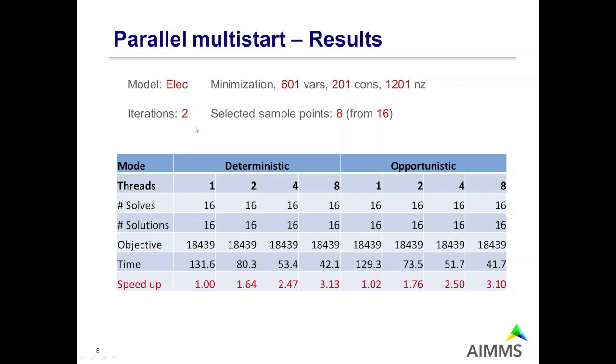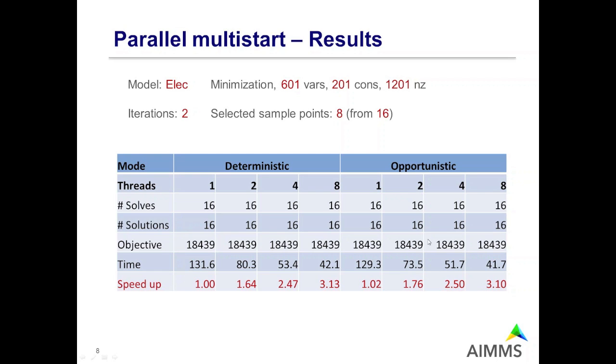So you see that in this case we have 2 iterations and we have 8 sample points. So that means that a maximum of 2 times 8, which is 16 solves, will be done by the multistart algorithm, and in this case that is indeed the case. So the clustering didn't do much because every point generates a solve, and as expected we see 16 different solutions.